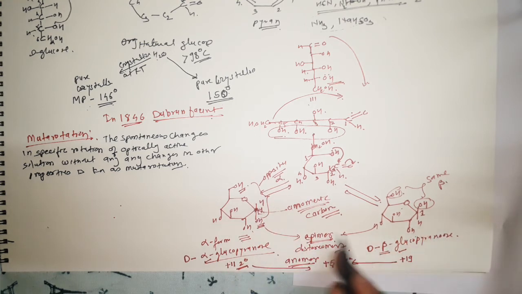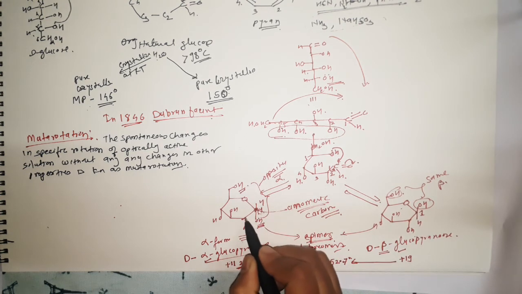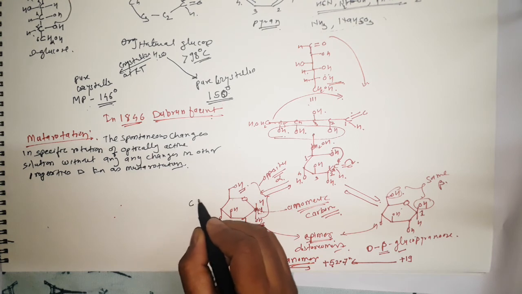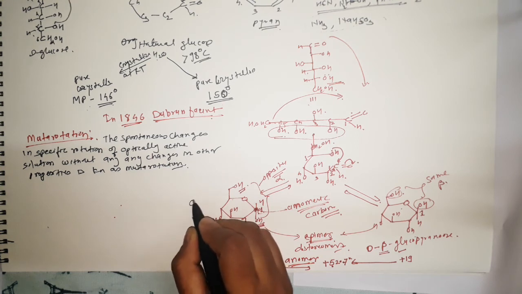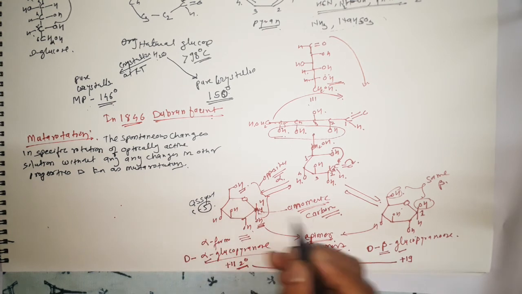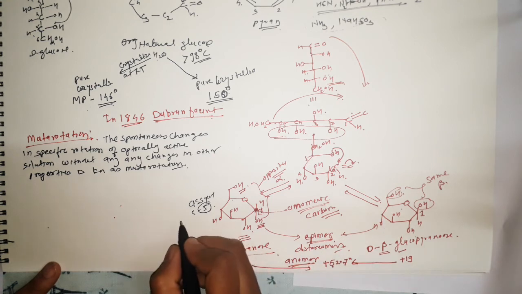In the cyclic form of glucose, there are a total of 5 asymmetric carbon atoms at C1, C2, C3, C4 and C5. So the cyclic form shows a total of 32 optical isomers. How?